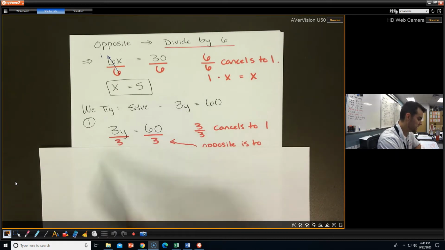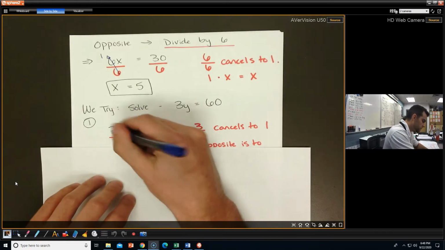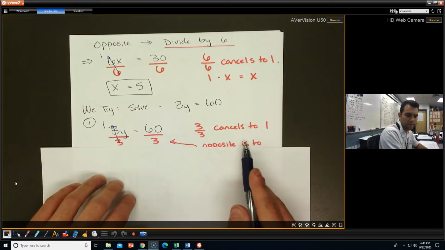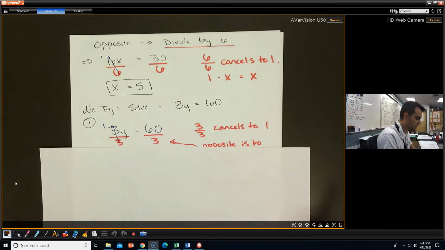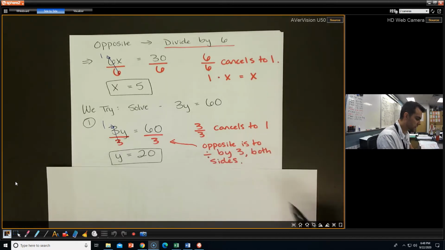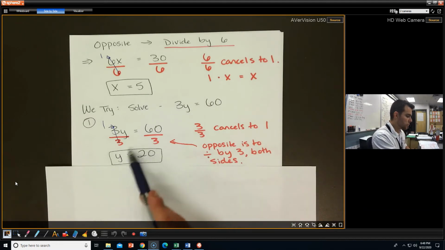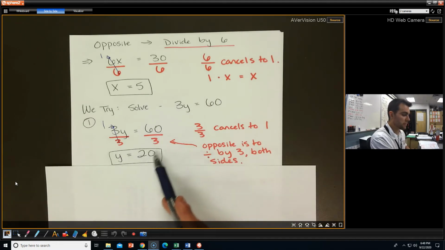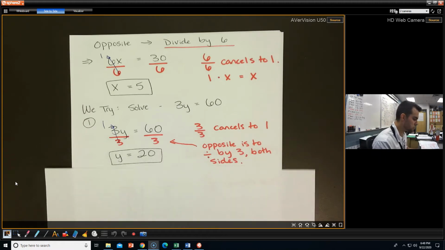Again, the 3's cancel out to 1. And I wrote that to the side here. And now we do 60 divided by 3. I have to do it to the other side as well. So the opposite is divide by 3, as I've stated. And we get y equals 60 divided by 3, which is 20. And we have solved the equation just like that.